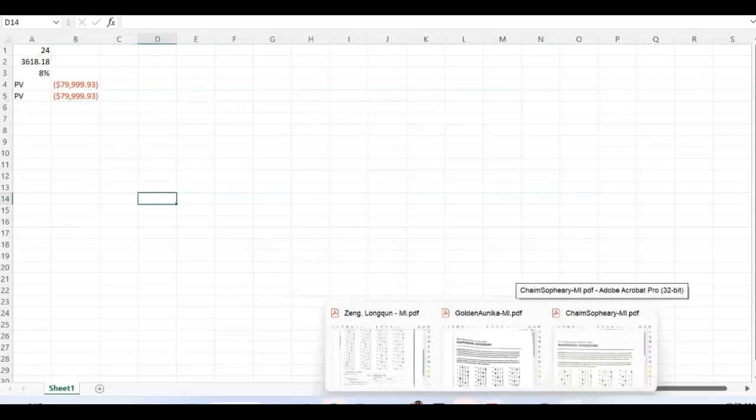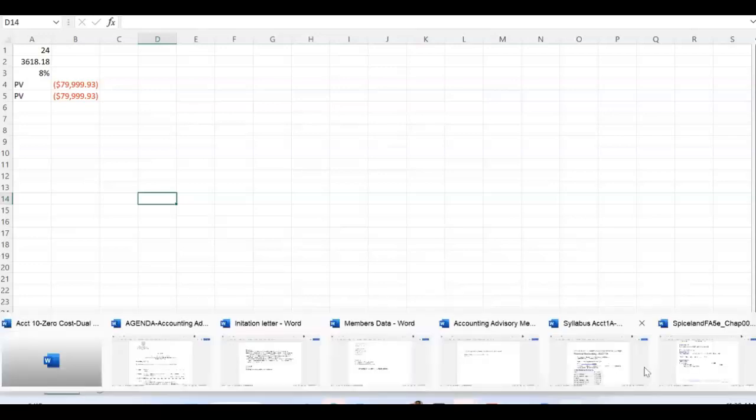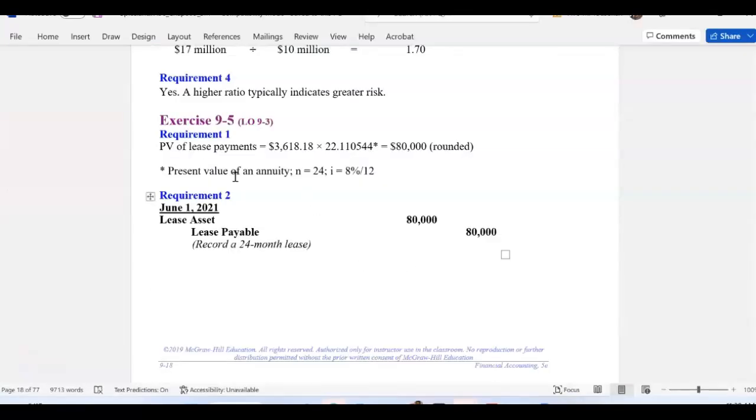You can also use a financial calculator, obviously. So let's go back to here, $80,000. If you want to know what that is, I was trying to see if I can find this on the table, but it's hard because the interest rate is not an easy interest rate.